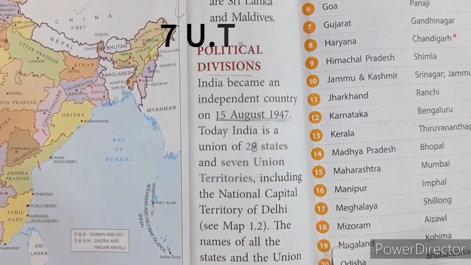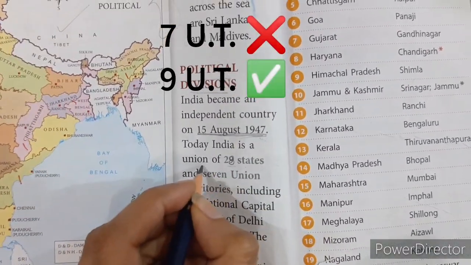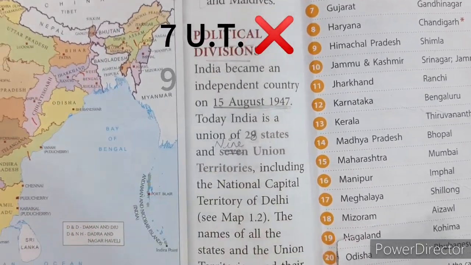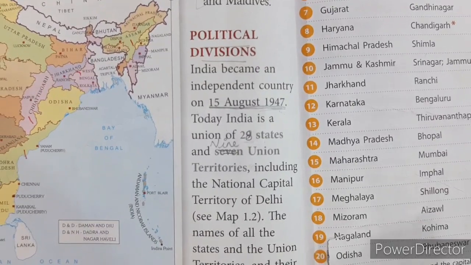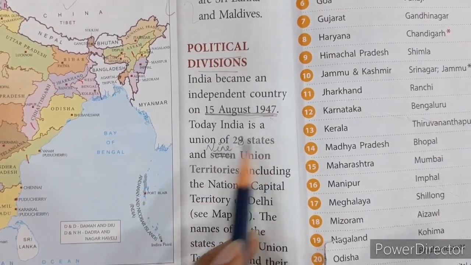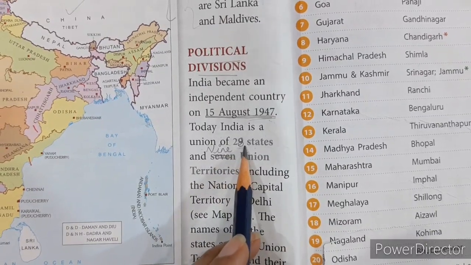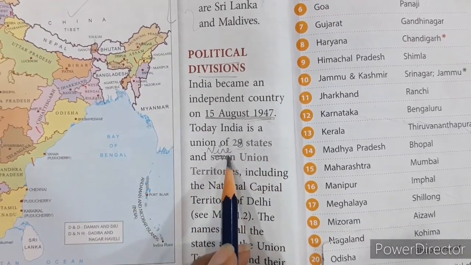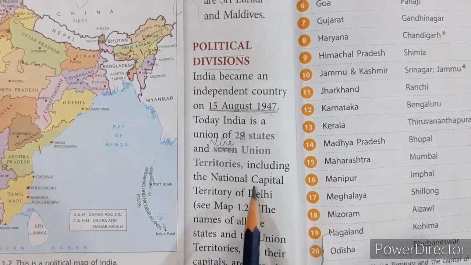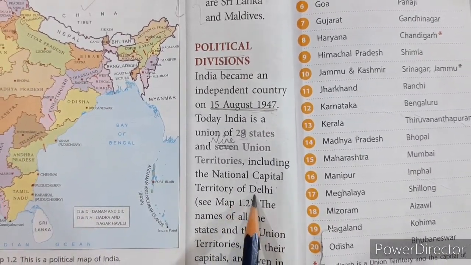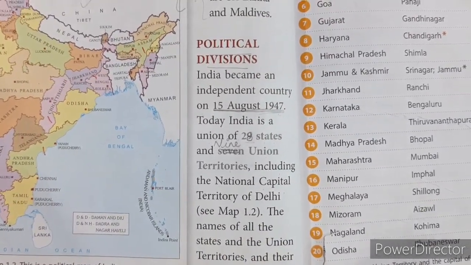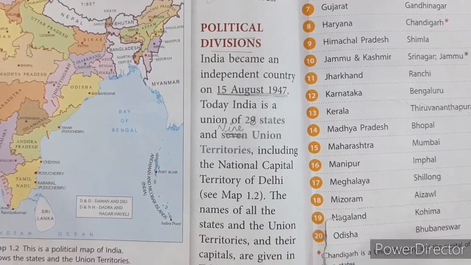And how many union territories? We have 9 union territories, not 7. Now let's read again. Today, India is a union of 28 states and 9 union territories, including the National Capital Territory of Delhi. Do we know, children, why are we having 28 states now?